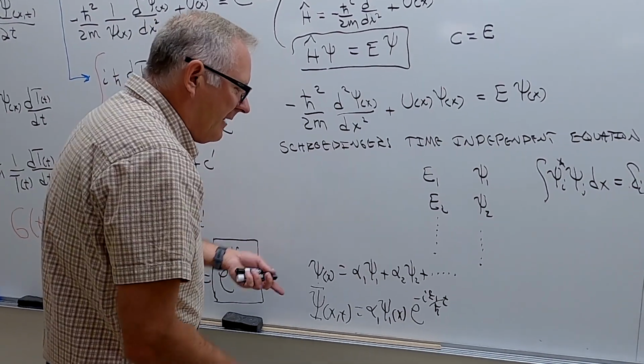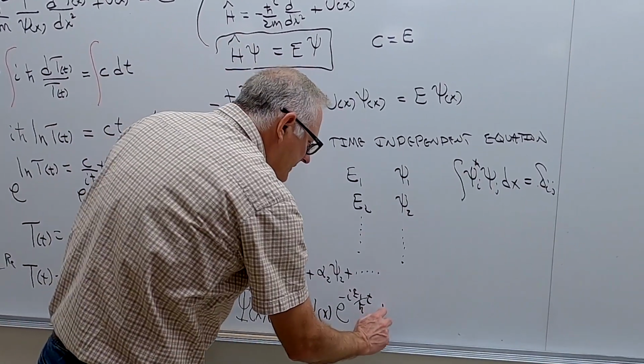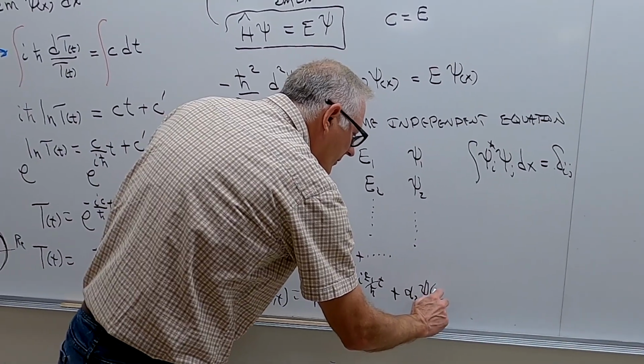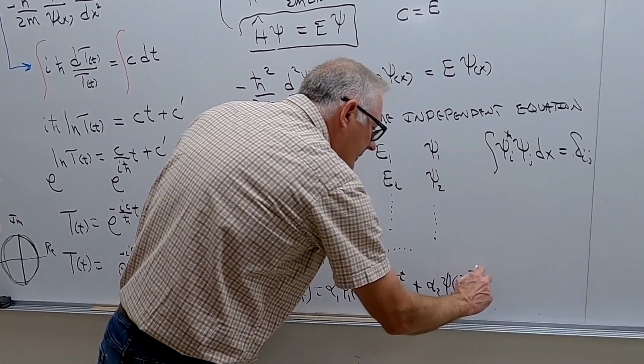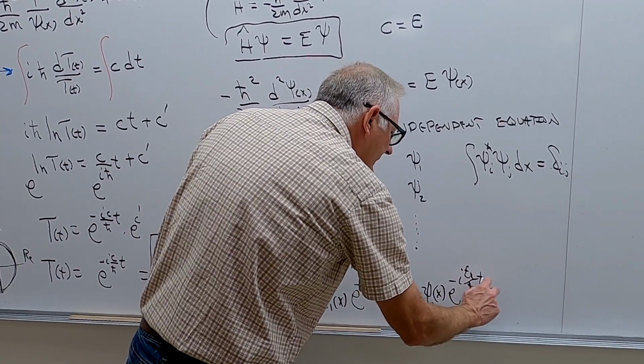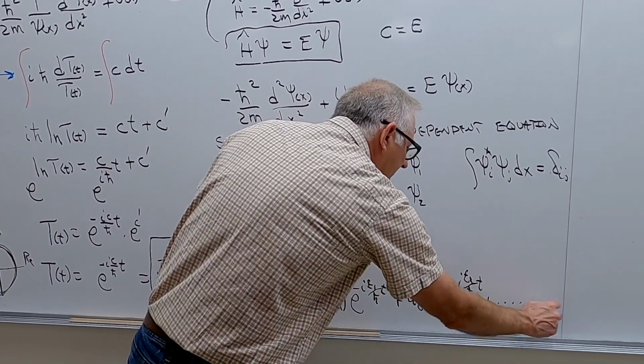If I haven't made any measurement, then I've got all of these, plus alpha 2 psi 2 of x e to the minus i E2 over h bar t plus dot, dot, dot.